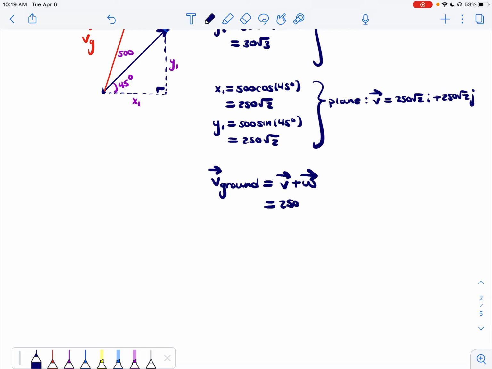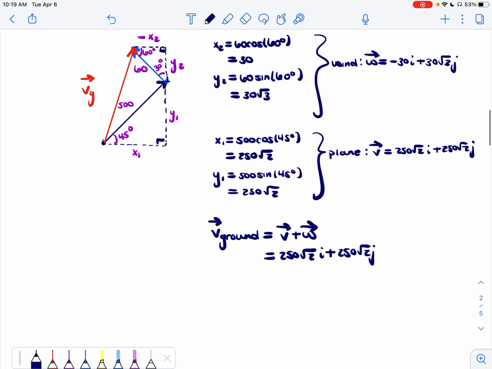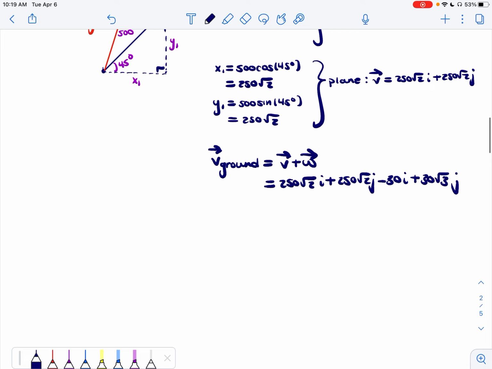Right, so we'd have 250 root 2 i plus 250 root 2 j, and then minus 30 i plus 30 root 3 j. Right, combining our like terms, we have 250 root 2 minus 30 in the i direction, plus 250 root 2 plus 30 root 3 in the j direction.